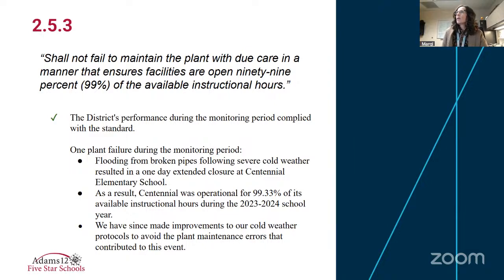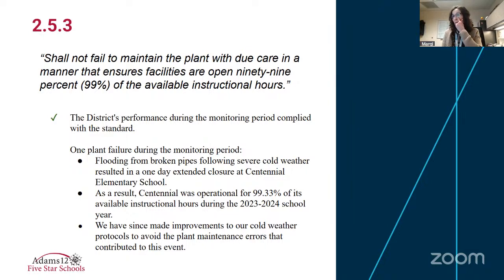During the fiscal year that we're reporting, we were out of compliance for one of our buildings, on Martin Luther King Day when we had the freeze issue. Not this year, but the previous year. Some water lines broke and flooded parts of Centennial Elementary School, and it did have to be closed for some time.